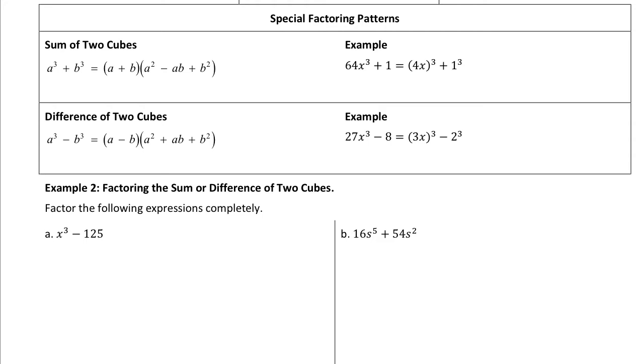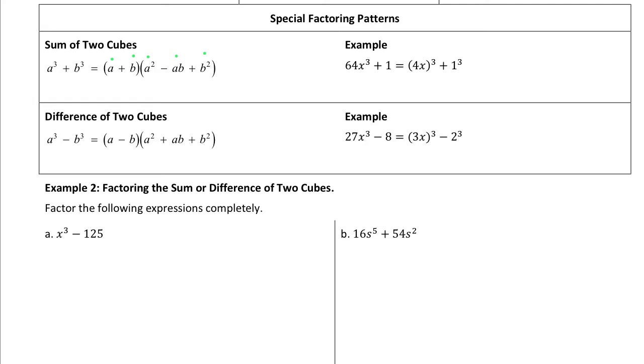So, factoring cubes. I'm just going to show it for the sum, and then I'll show you an example. A perfect cube plus a perfect cube, the way you factor it is you take the cube root of each term and write one cube root plus the other cube root, and then you take these numbers, square the first term, square the last term, and then multiply the terms by each other. So I'm going to show that pattern.